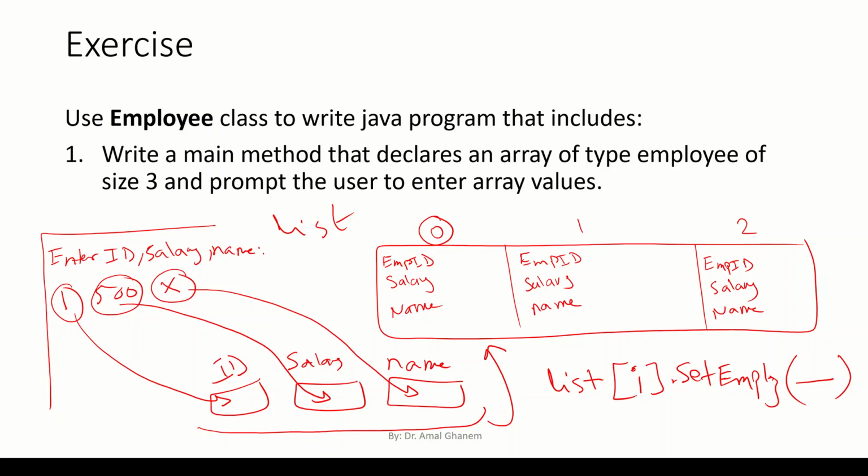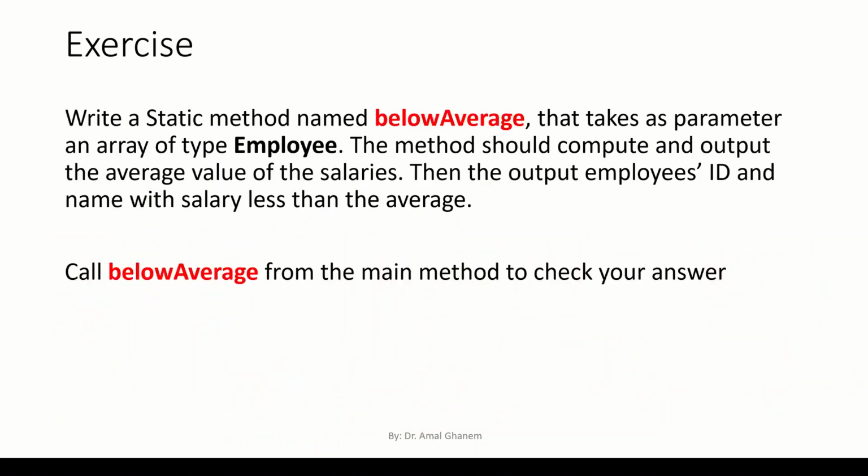But the idea is create variables, save the values you read from the user into these variables, and then save them in your array. Now the second thing we have to do is write a static method named below average that takes as parameter an array of type employee. The method should compute and output the average value of salaries, and then output employees' IDs and name with salary less than the average. And then I have to call below average from the main to check our answer.